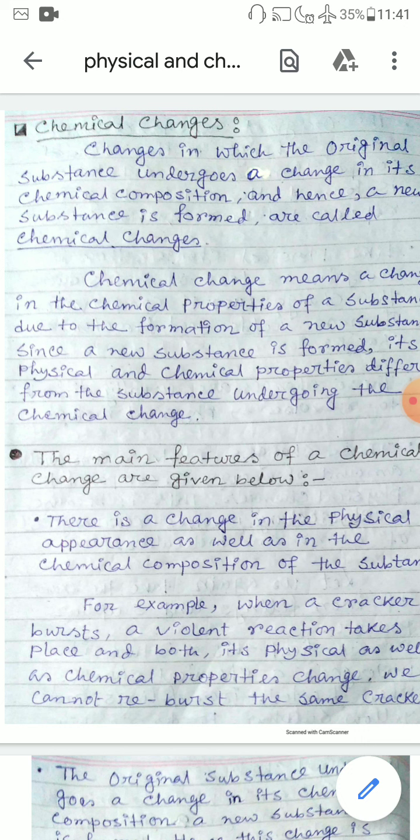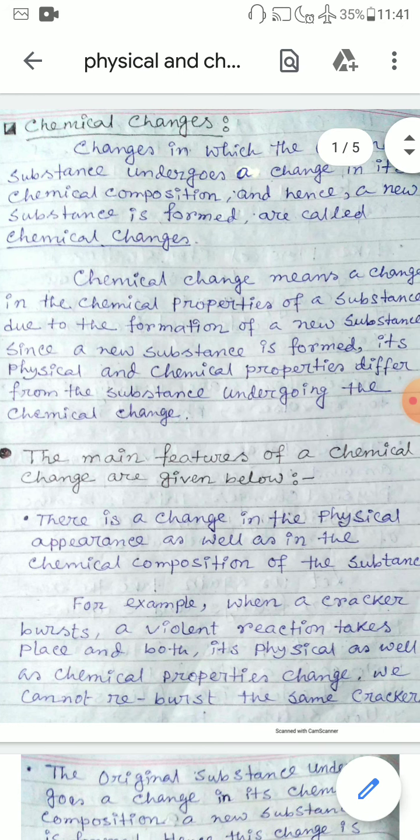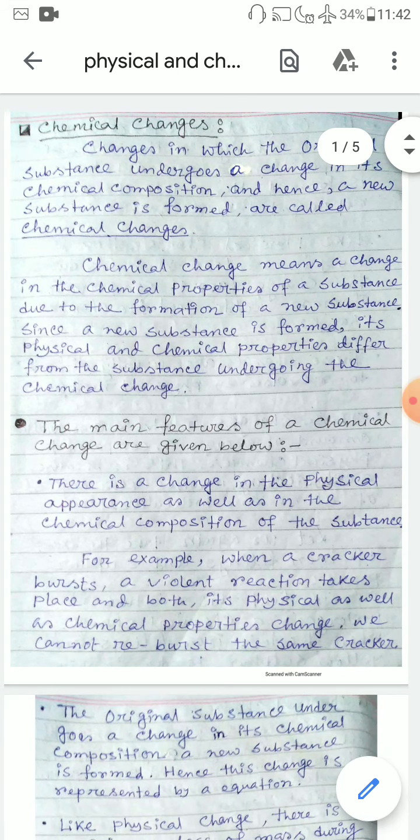A chemical change is a change in which there is a change in the chemical composition of a substance to form a new product. Changes in which the original substance undergoes a change in its chemical composition and hence a new substance is formed are called chemical changes.